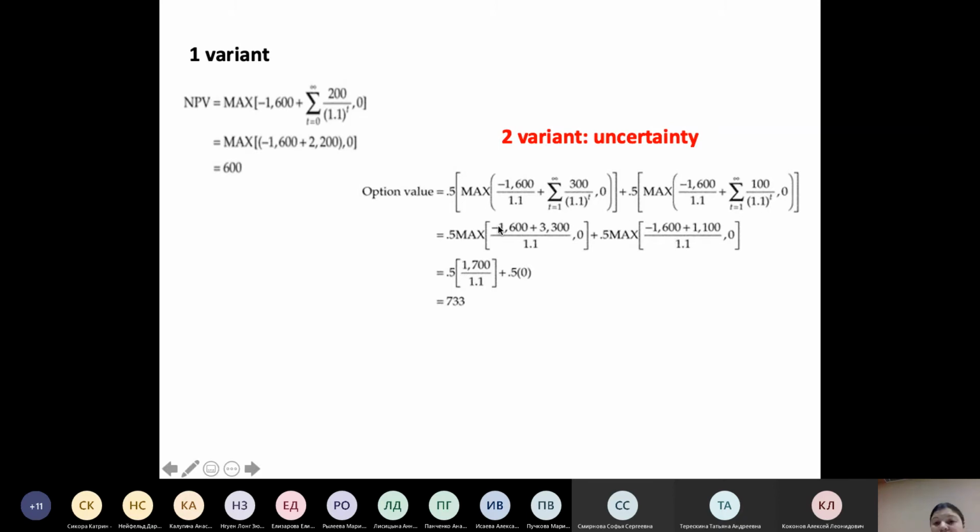It will be 50% multiplied by the maximum between minus 1,600 plus the same, our growth will be added to $300, 3,300 divided by 1 plus 10%, or 0. And in this situation, it will be minus 1,600 plus 1,100 divided by 1.1.